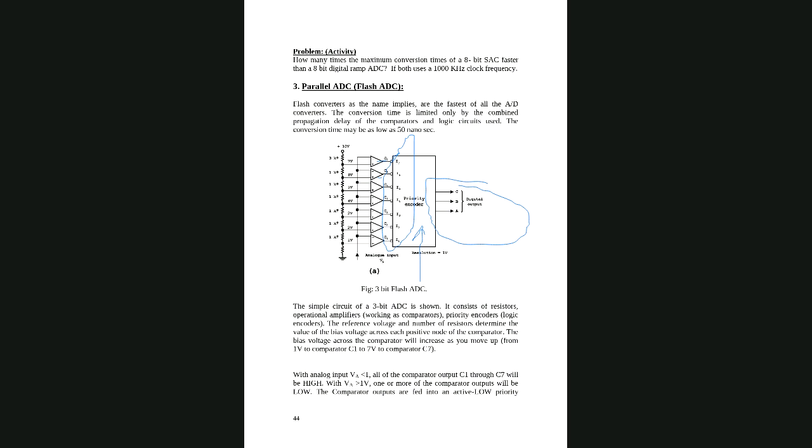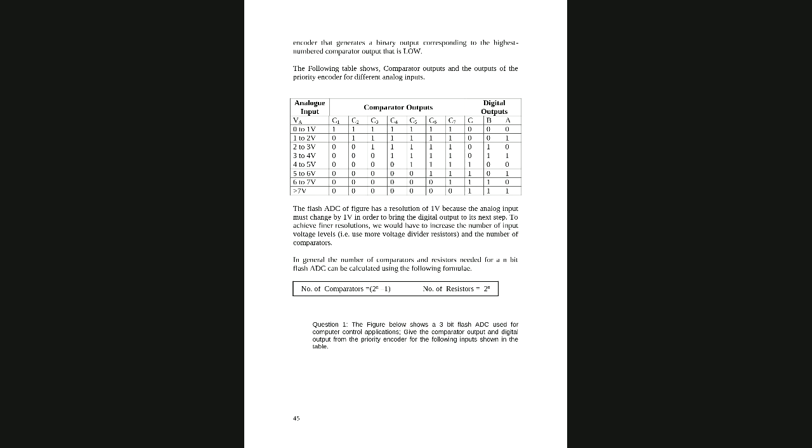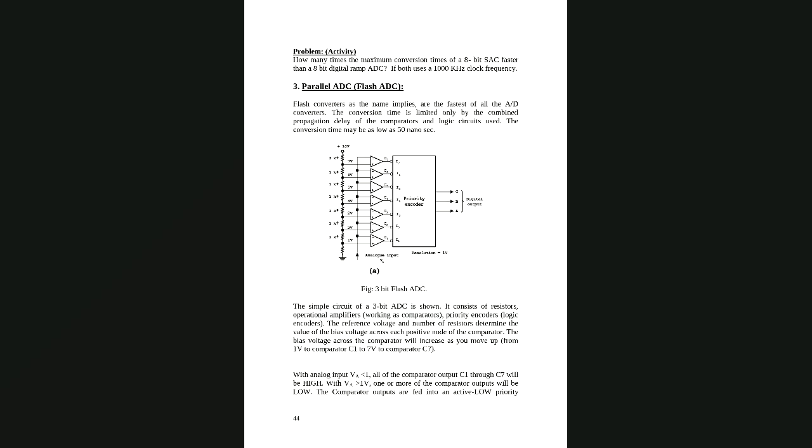Bubble means if the comparator output is 0, it becomes 1. If it is 1, it will become 0. Clear? We will see collectively how it works. So all the comparator outputs are coming to this priority encoder with a bubble. So how will you write the output depending upon the comparator? Very simple.